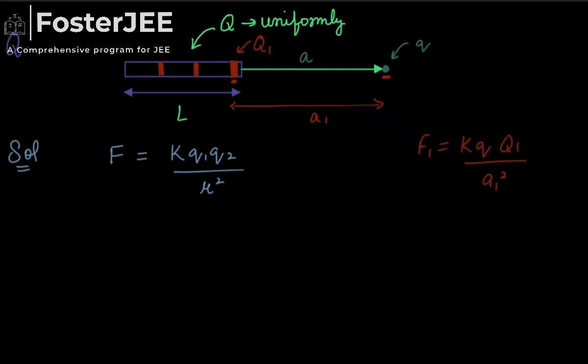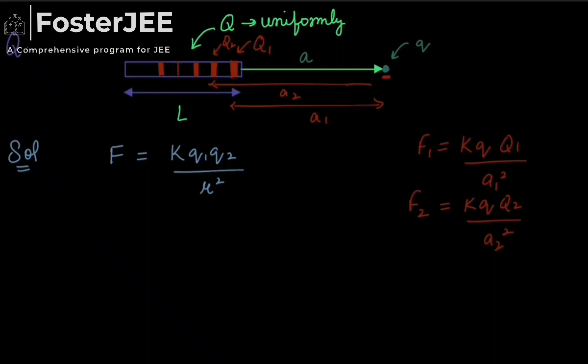Similarly, if we consider this particle, which is very near to this particle, then the force of interaction will be, if this charge is q2 and its distance is a2, K q2 upon a2 square.